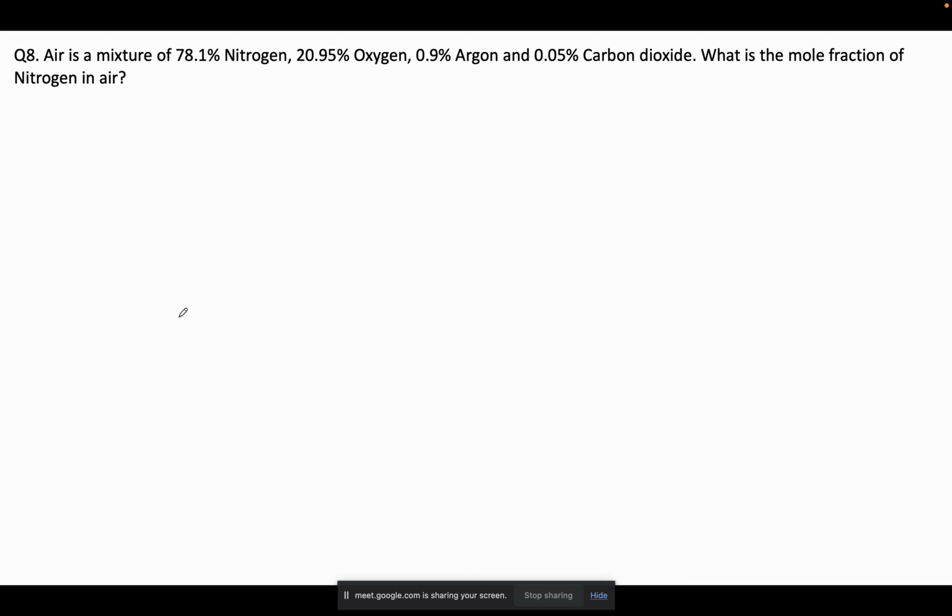Now air is a mixture of 78.1% nitrogen, 20.95% oxygen, 0.9% argon, and 0.05% carbon dioxide. What is the mole fraction? This is given mostly by volume, so volume percentage is given to us.